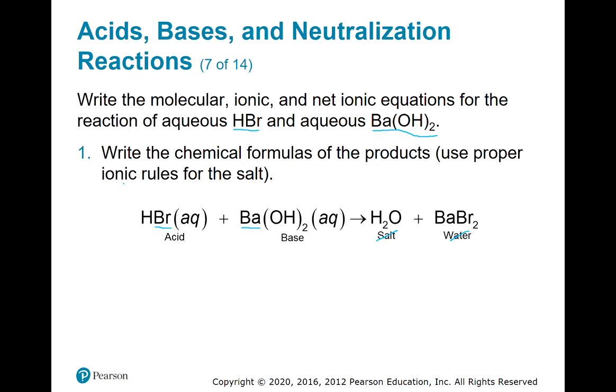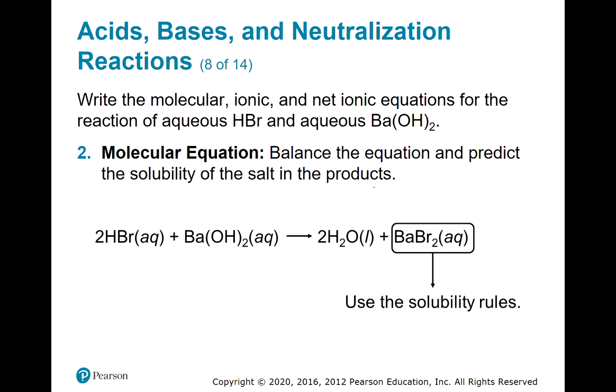So, just like with a precipitation reaction, we need to write down the correct chemical formulas for the reactants and the products before we balance the equation. And so we get that with H2O and BaBr2. Once we have those correct formulas, we can proceed to balance the equation.